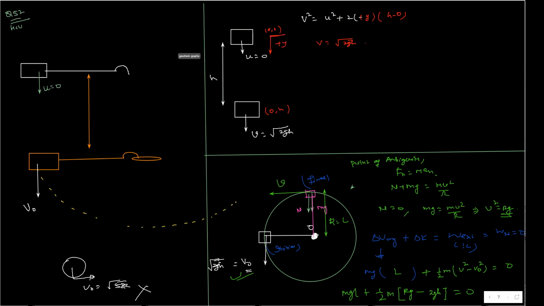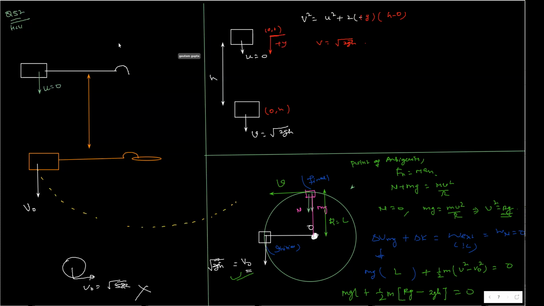Those equations I have derived are for the very standard case when the particle is projected from its lowest point with a velocity v naught. If the particle is projected from any arbitrary point, like in this question, do not worry. The basic principle is the same: identify the point, write Fn equal to man, and write energy conservation.